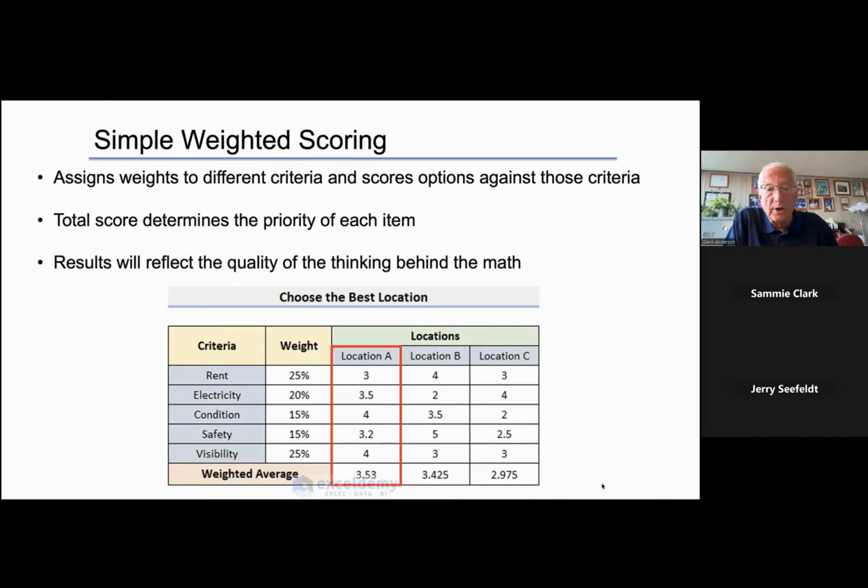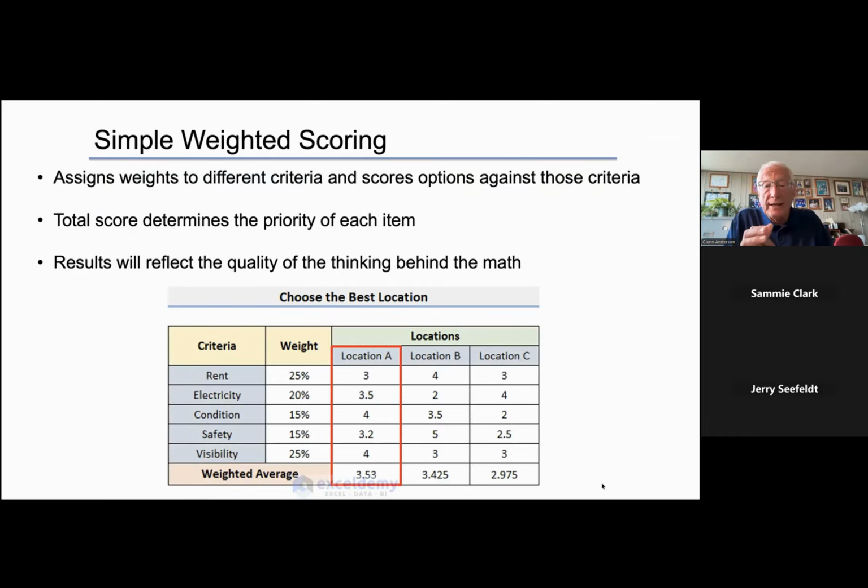I'm trying to prioritize or choose between location A, B, and C. And my stakeholders have identified 5 criteria to compare the locations to each other: rent, electricity, condition, safety, visibility. But then further, we have assigned weights to each of those criteria. So rent should count for 25% of the decision, electricity 20%, et cetera.